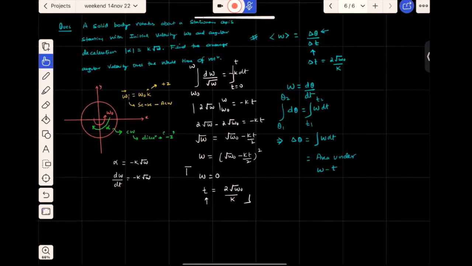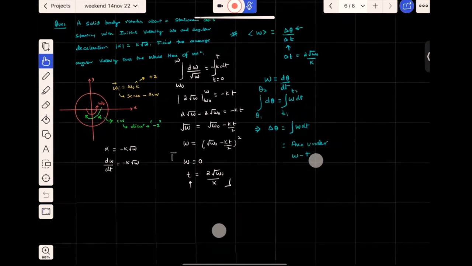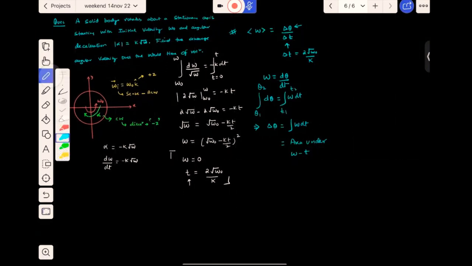So the average angular velocity will be the integral of omega dt from 0 to t divided by this time interval t.